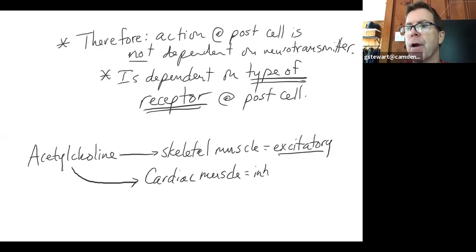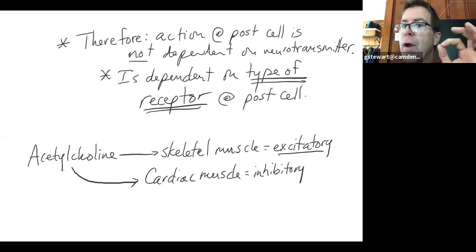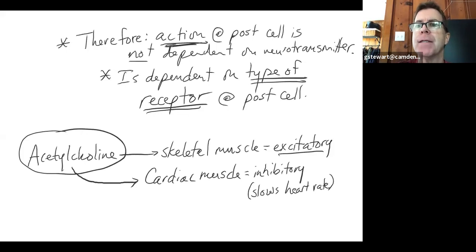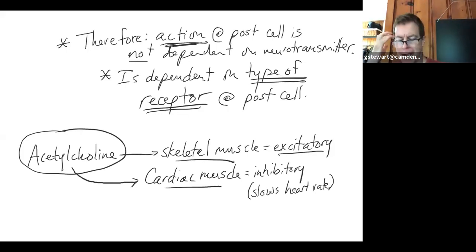It's inhibitory. It takes those cells further away from threshold, and therefore further away from contracting, and that actually slows heart rate. It doesn't speed it up. That tells us that the action of a neurotransmitter is not dependent on this, it's dependent on the type of receptors on the postsynaptic cell.